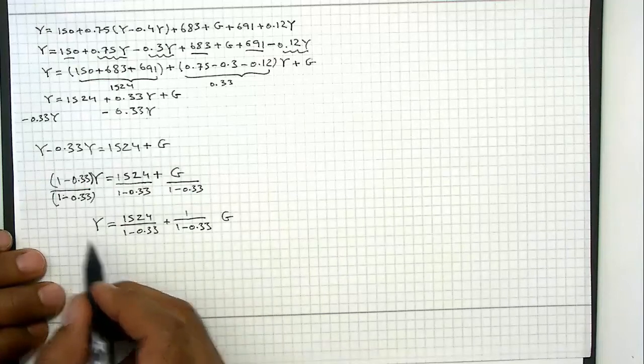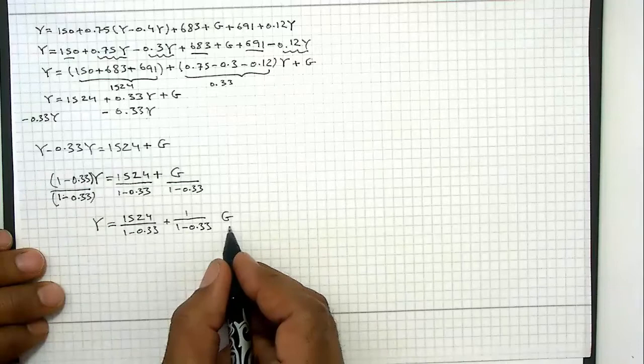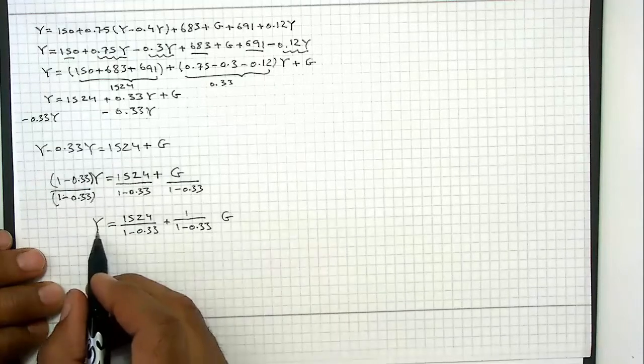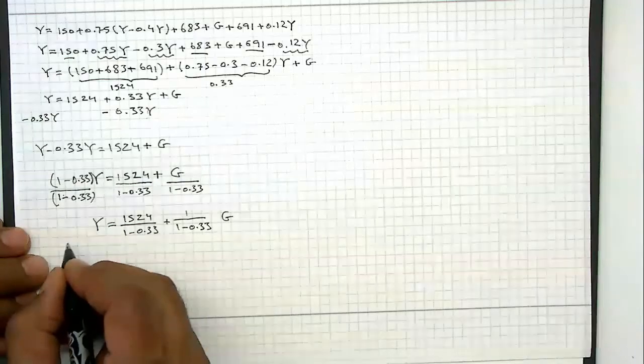Well, here y is a function of G, and you can take the definition of the multiplier. What is it?